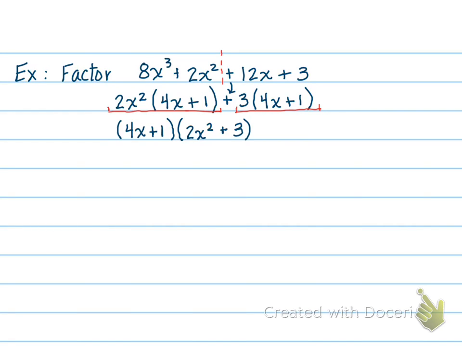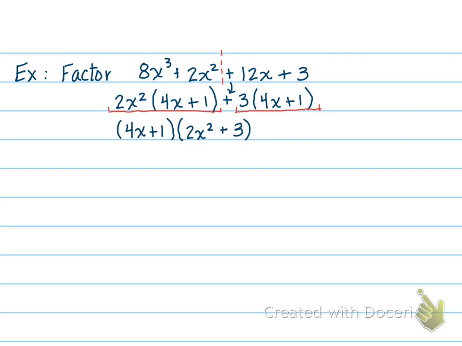If you get tripped up about what that second polynomial should be, you can think of it as, if I took 4x plus 1 out of this and I took 4x plus 1 out of that, what you're left with. So 2x squared plus 3. So you can even cover up those factors to see that if you find yourself having trouble with it.